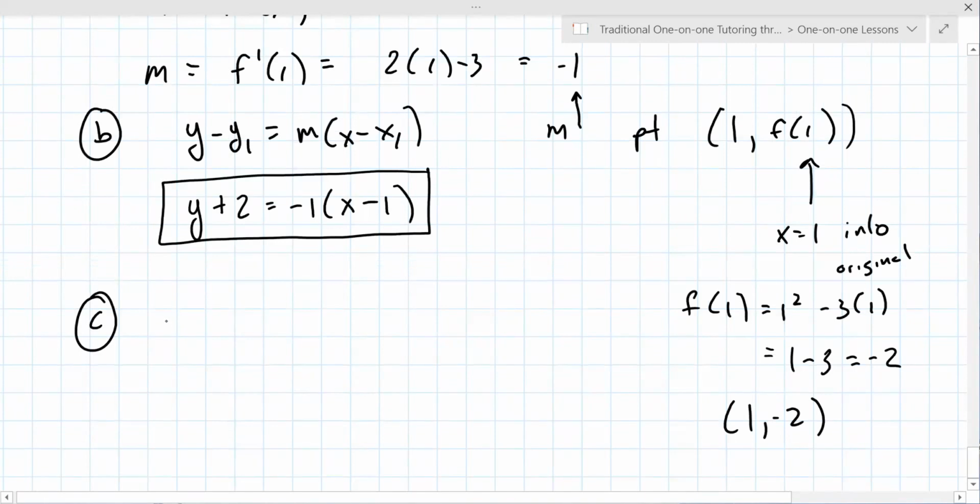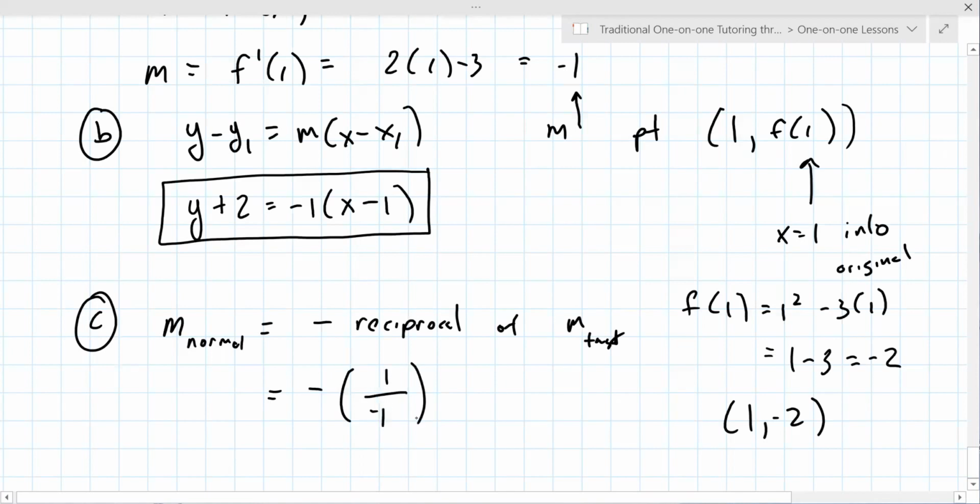So the slope of the normal is equal to the opposite reciprocal of the slope of the tangent. So we take the negative of the flip of that to get that, and you get 1.